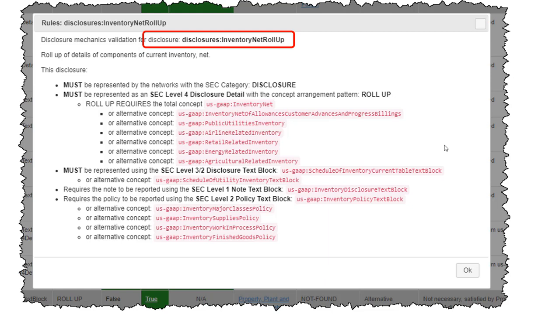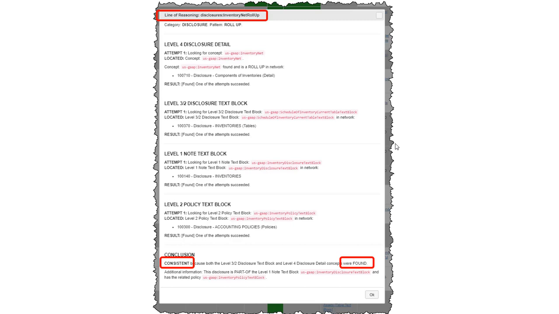But this actually works for 7,000 or so public companies. It has more information than I'm using in this example. I have text block information, the level 3 text block, the policy, and the level 1 text block. They're all being used. And then here is the line of reasoning that was used for the US GAAP disclosure. And it was consistent. It was found.